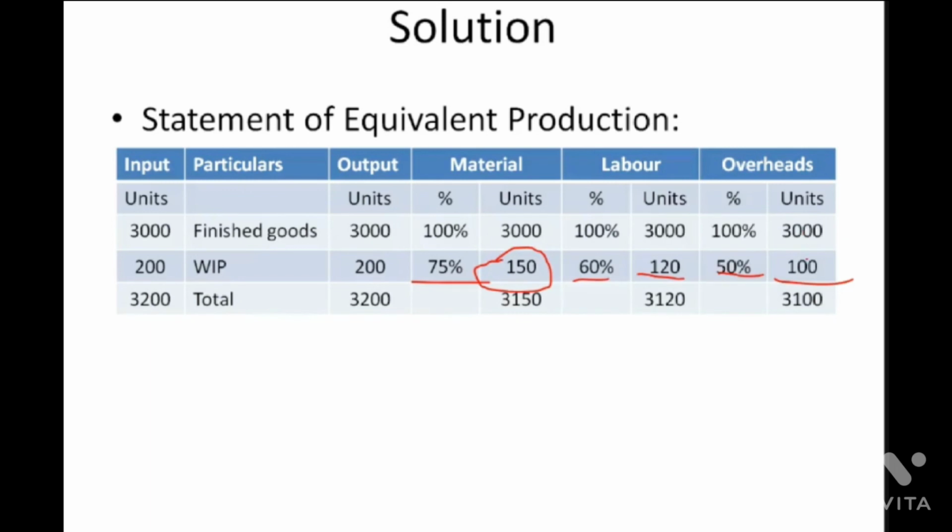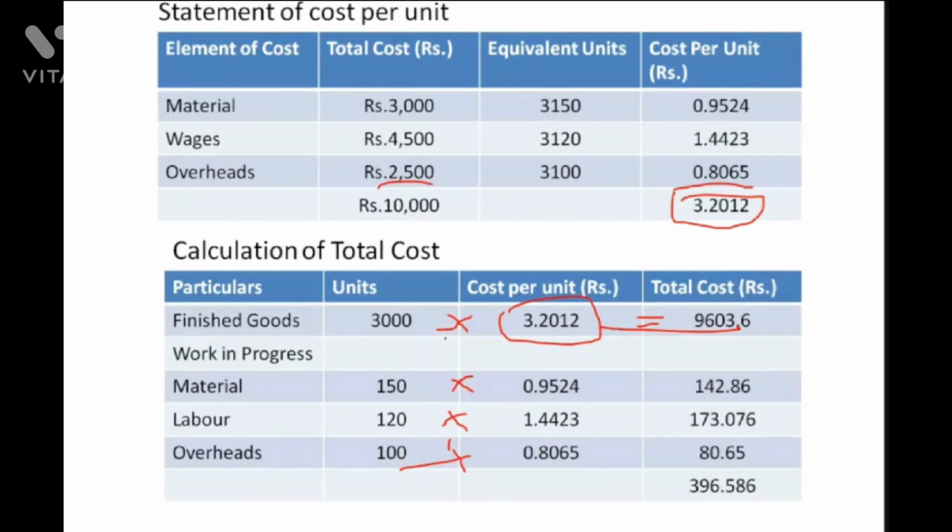You can calculate separately for material, labor and overhead and then make the total, but the answer remains the same. That's why for finished goods we will calculate directly by multiplying with the total cost, but in work in progress we will calculate like this: multiply this, this is equal to this. Getting this? Is there any confusion?